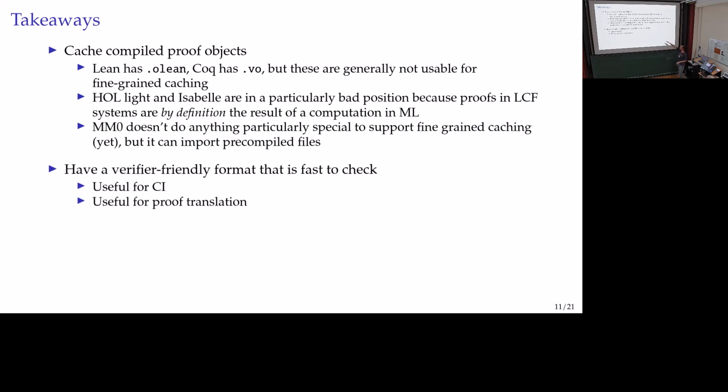So having fast to check things is useful for CI, it's useful for proof translation, it's also useful for auditing. So that is something which is really independent of the humans, and it doesn't really matter how long it takes. Right?